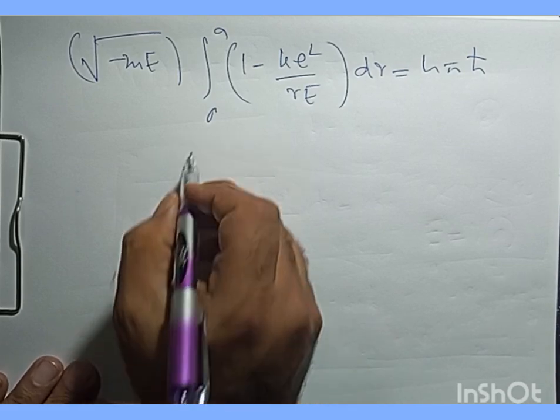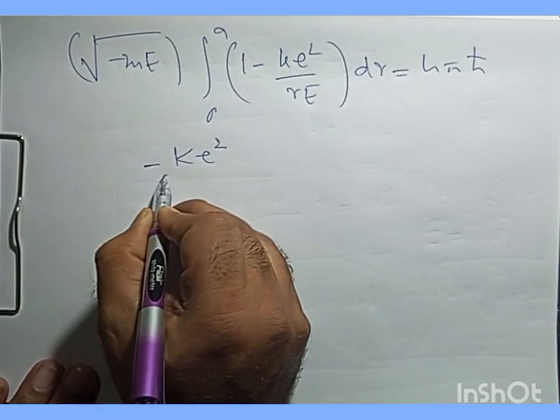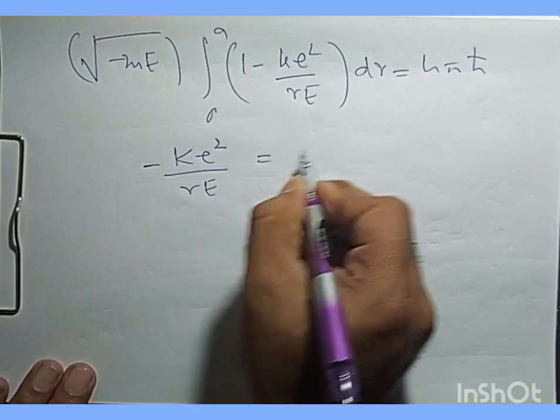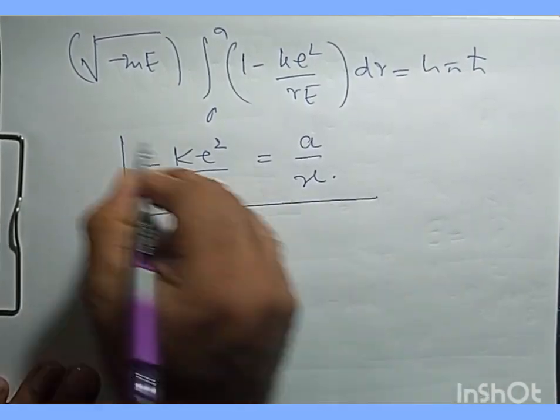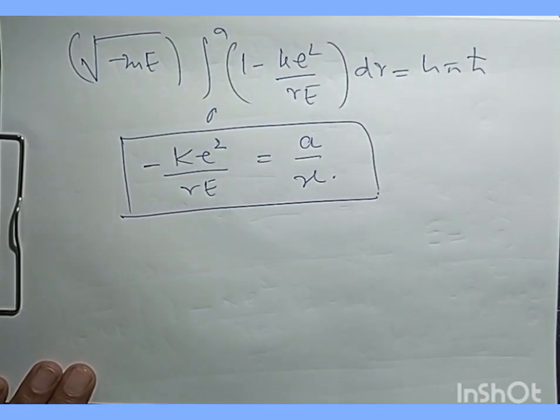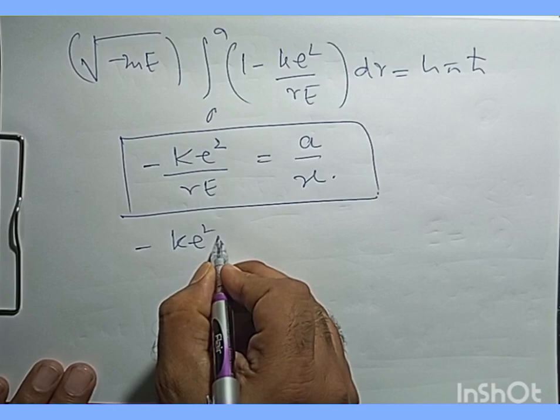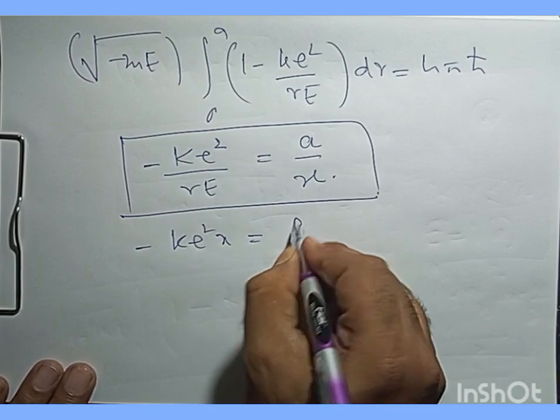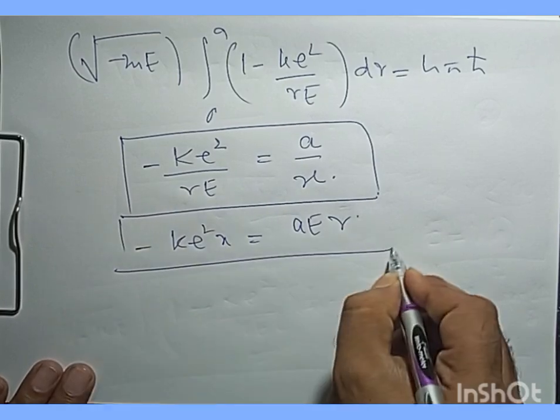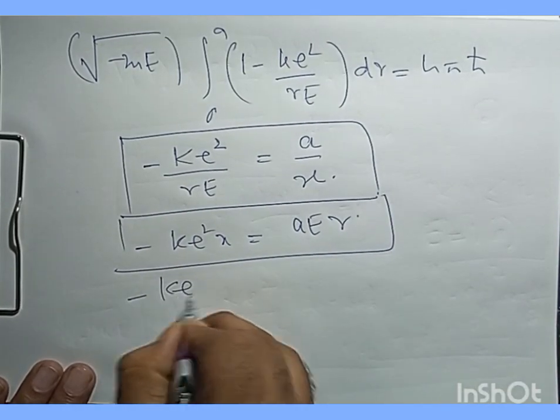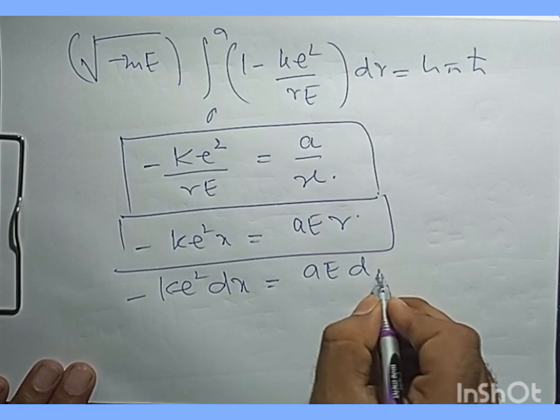Now let me use minus K e squared by rE equal to A by x, and translate this integral into x. So minus K e squared x equals A E r, and if I take its derivative, minus K e squared dx equals A E dr.